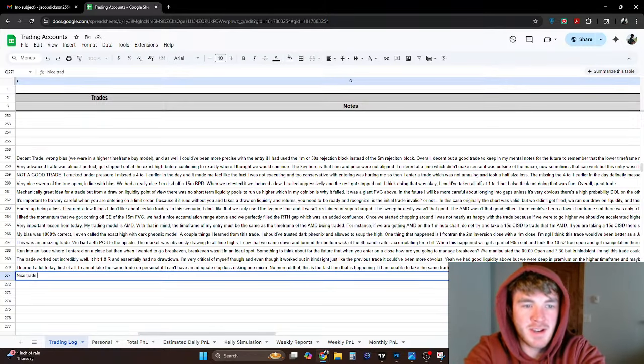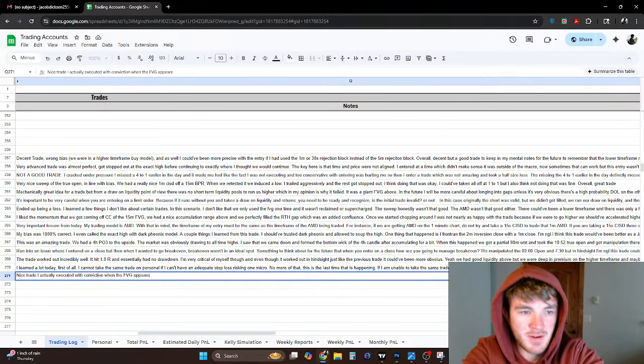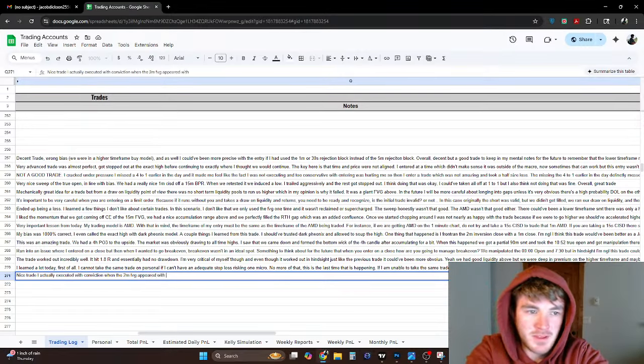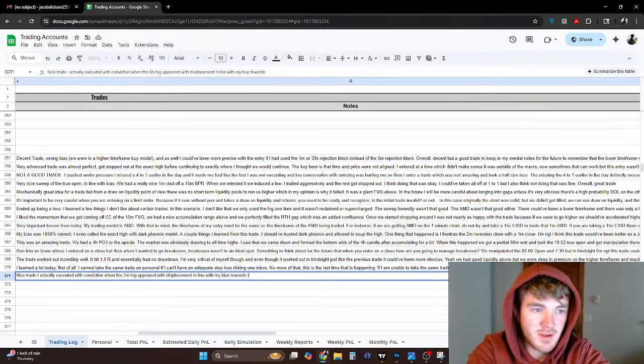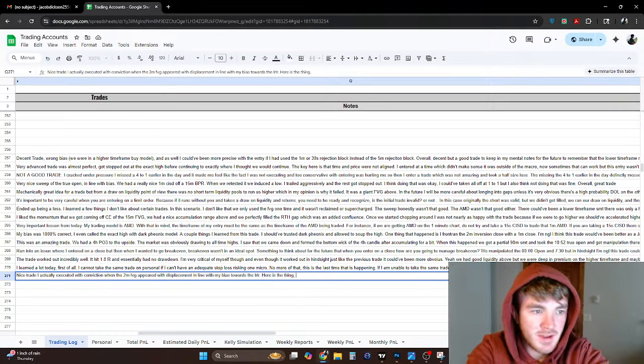Nice trade. I actually executed with conviction when the fair value gap appeared with displacement on the 2 minute, in line with my bias towards the LRR. Here is the thing.